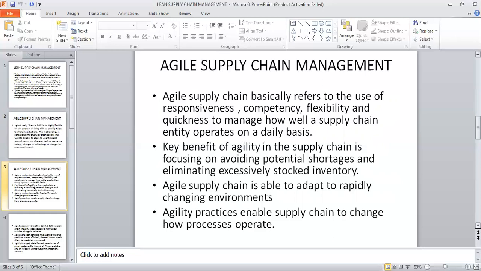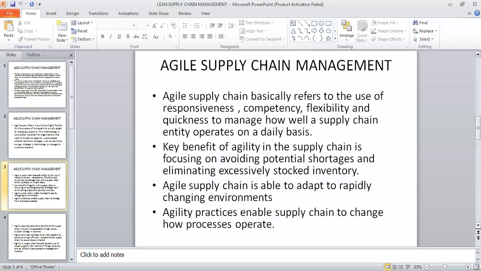The key benefit of agility is avoiding potential shortages and eliminating excessively stocked inventory. This is similar to lean, which also focuses on avoiding overproduction. Agile supply chain is able to adapt to a rapidly changing environment.